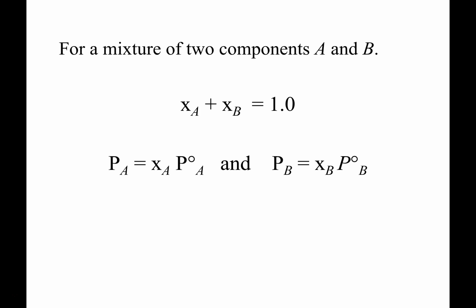No, this isn't a Dalton thing. This is actually Raoult's law, sorry. According to Raoult's law, the equilibrium pressure of A will be equal to the mole fraction of A times the pressure of A if it was pure. The equilibrium pressure of B will be equal to the mole fraction of B times the pressure of B in its pure state.